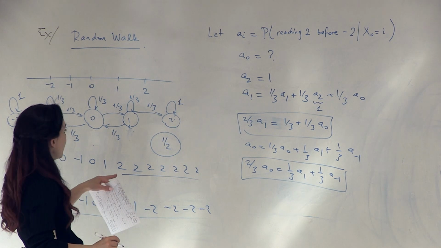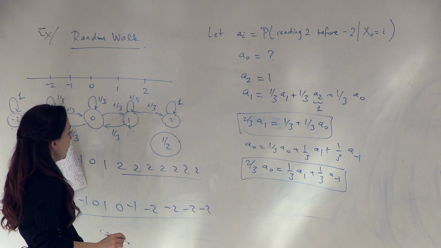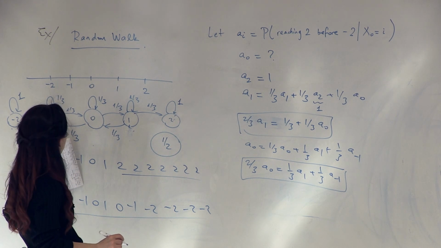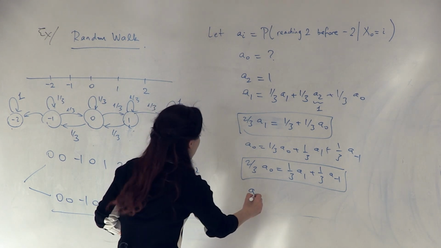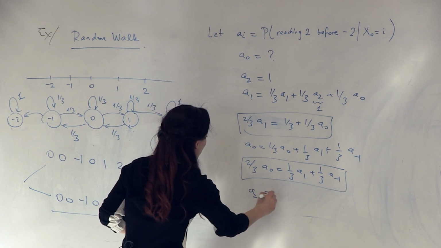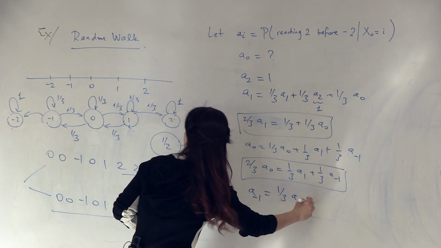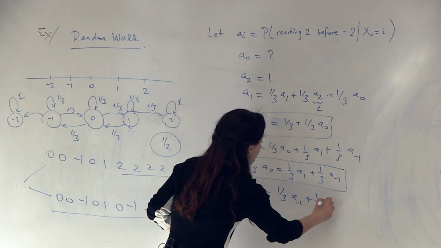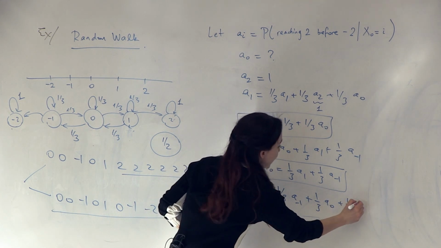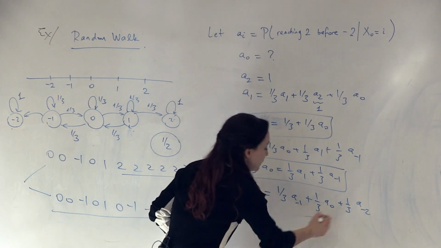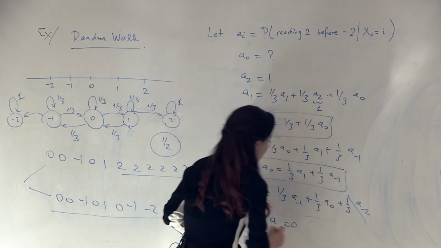And for A-1, I get another equation. Let me write that for completeness. A-1 equals 1/3 A-1 plus 1/3 A0 plus 1/3 A-2. But A-2 is 0. So that's gone.